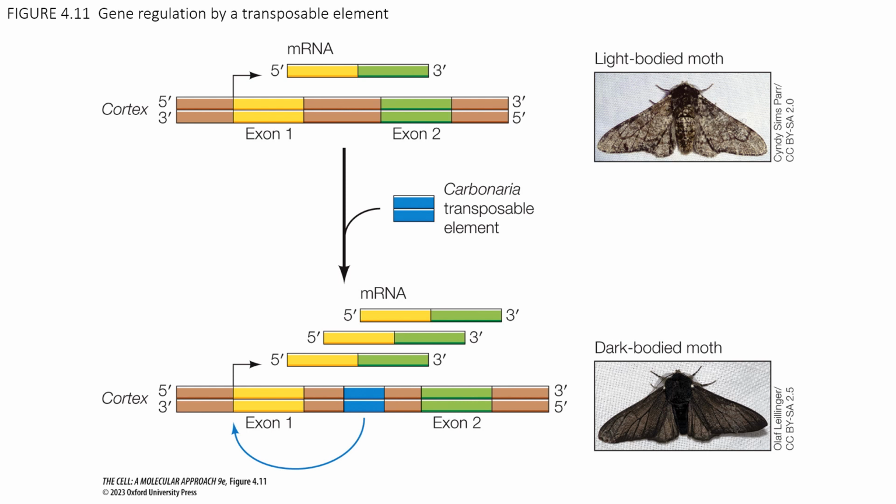When they landed on the different types of soot-covered trees and other structures, they were selected by the environment to be hunted and found and eaten, of course. So therefore, they can't pass their phenotypes down to the next generation. Whereas the dark-bodied moths, which had a different coloration, which were coded for these different types of mutations from the transposable elements, were able to pass on their particular genotype and phenotype down to the next generation.